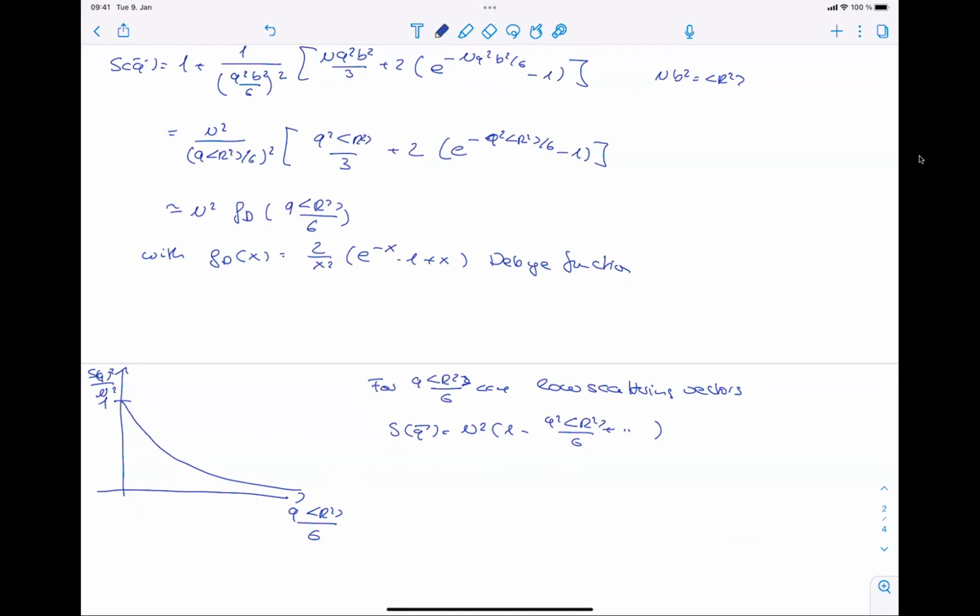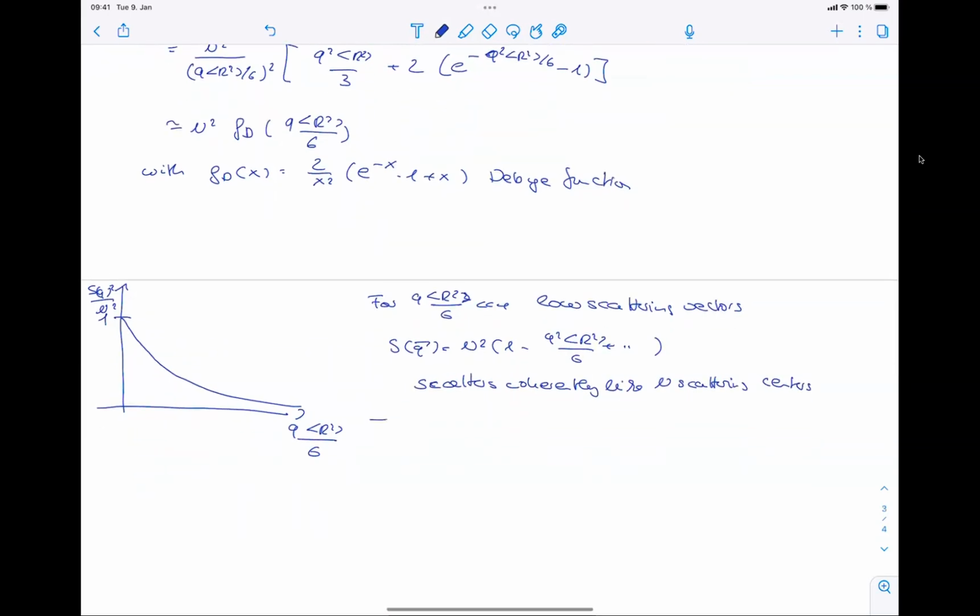So this really scatters at low scattering vectors as n individual scatterers coherently, like n scattering centers.